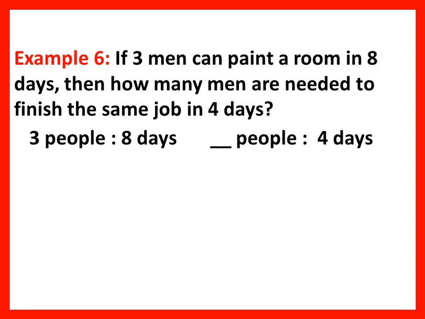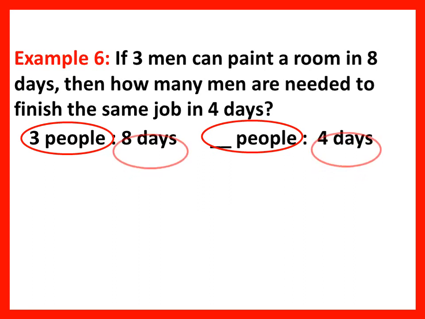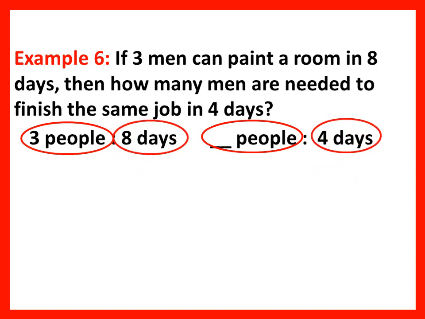Is that higher than 3 or lower than 3? We will see it later. Let us look at the arrangement of our terms in the two ratios. 3 people and blank people are situated as the antecedent, and then 8 days and 4 days as our consequent.